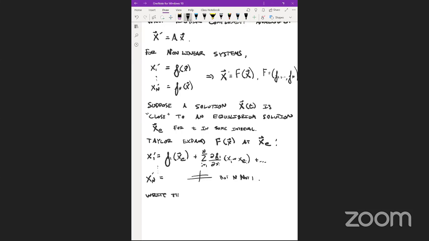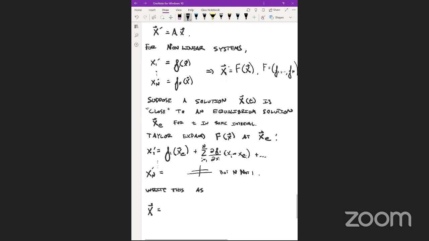So write this as f of x equals f of x_e plus df/dx bar at x_e times x minus x_e plus higher order terms.